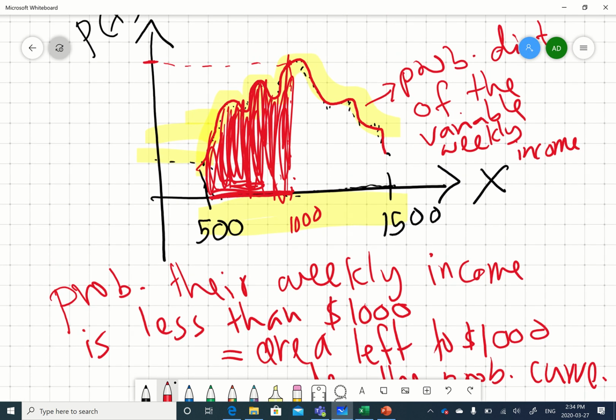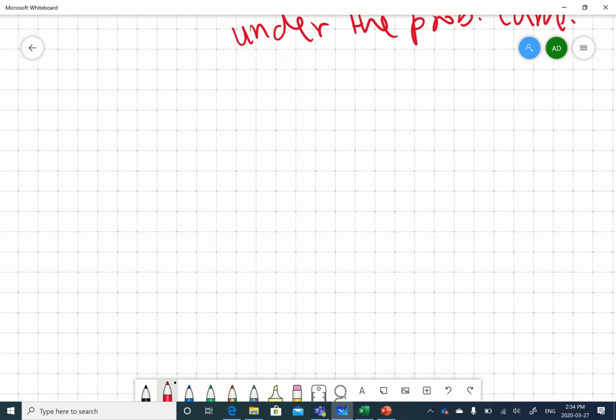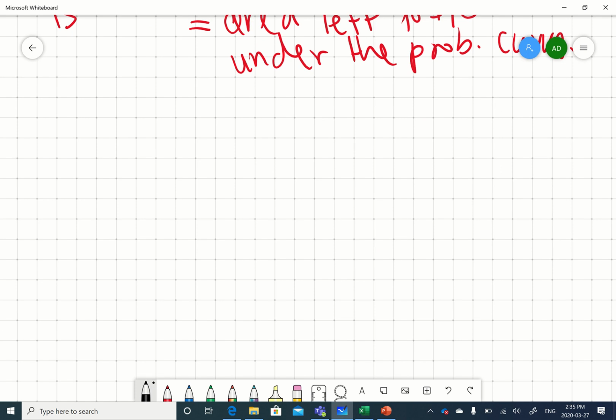Since probability distributions can come in many different weird shapes, we are not going to talk about all of them. We're just going to talk about one shape, the bell-shaped curve, and that is called the normal probability distribution. So we are only going to limit ourselves to variables following a normal distribution.